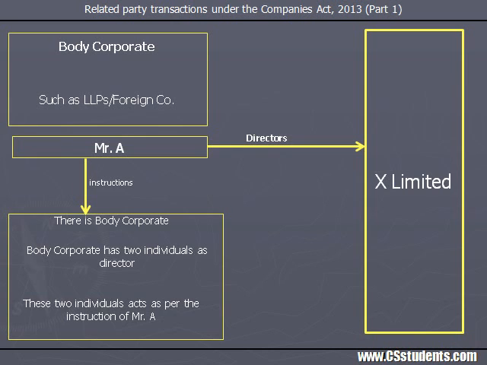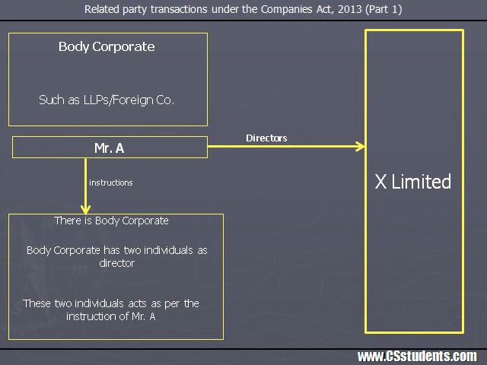The reason could be, for example, that they are loyal servants of Mr. A, and for namesake, they became directors of this body corporate. In reality, Mr. A is running the operations.